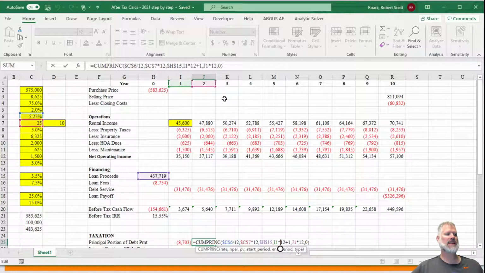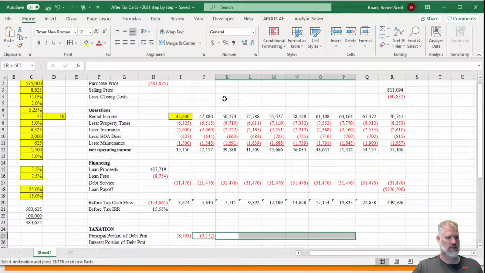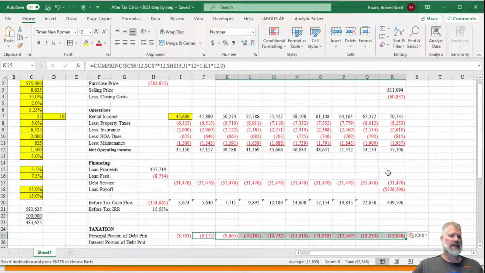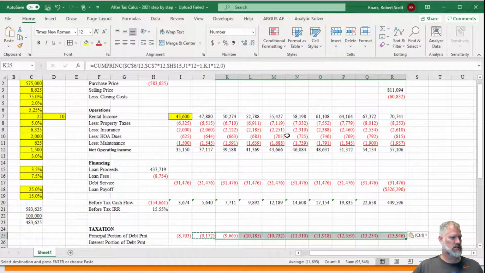So it's doing exactly what I want it to do. It's going month by month over those 12 months in year 2. So 13 through 24 is 12 months that comprise year 2. And because I've set this up properly, I can just lickety-split copy this all the way across, and I've got my cumulative principal portions for each of those years.